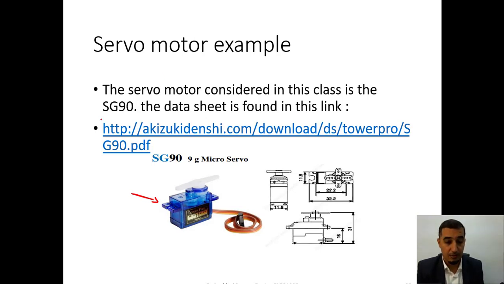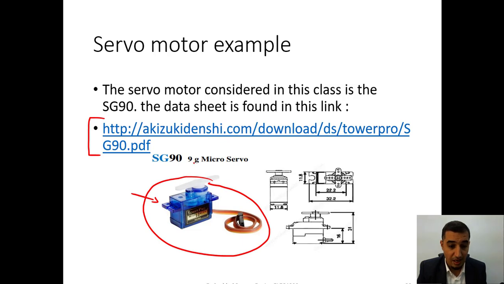For more information, refer to the servo motor topics in this section. Over here we have a PDF I uploaded for you, which is the link for the datasheet for the SG90, a 9 gram micro servo motor.